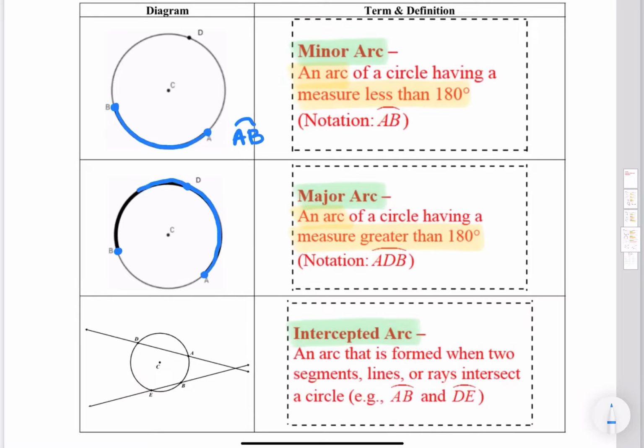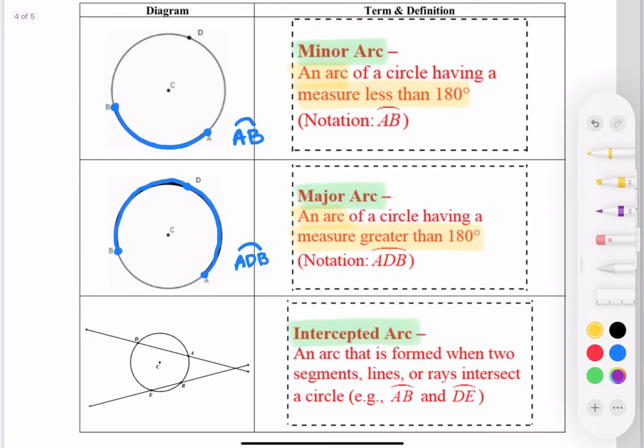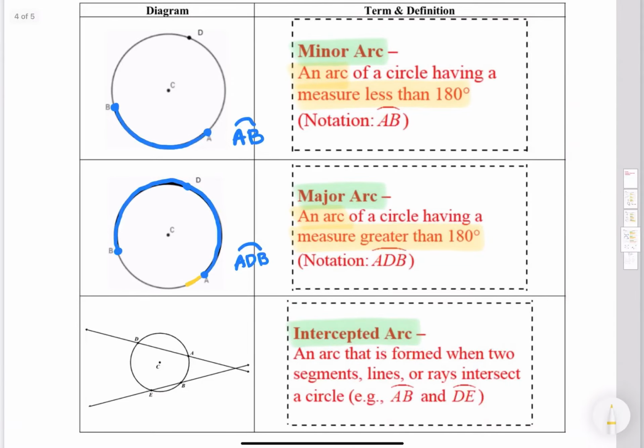So to denote a major arc, we have to have 3 letters, and in this case we could call it A, D, B. Because if you just named it arc AB, that means you're talking about the minor arc right over here. So make sure that you denote a major arc with 3 letters.